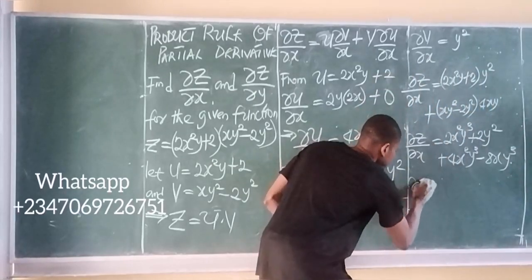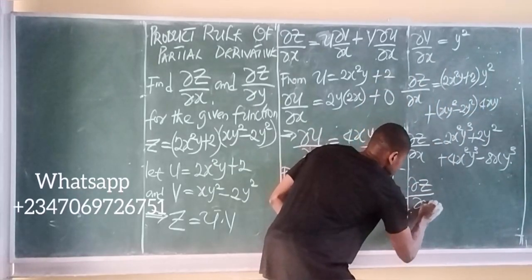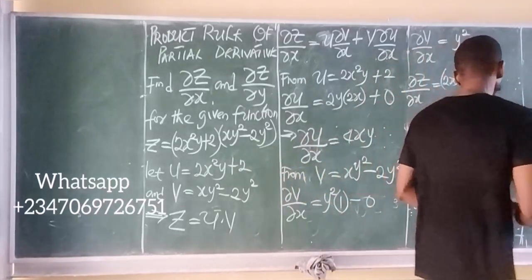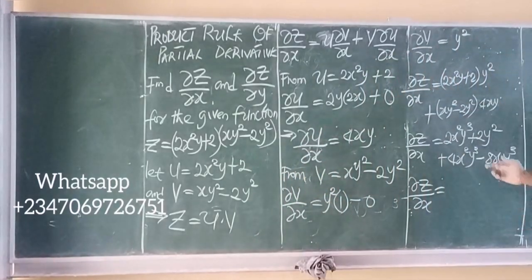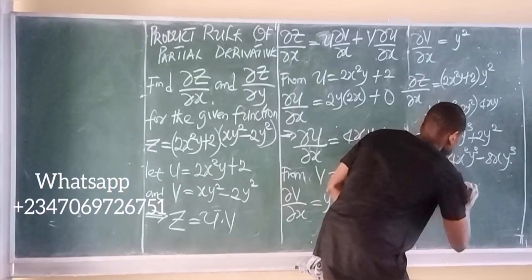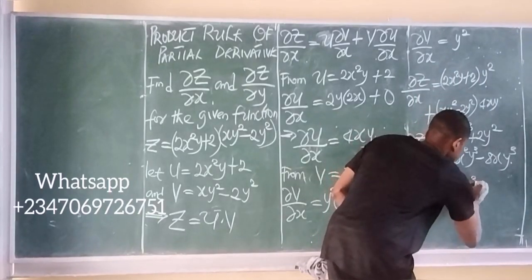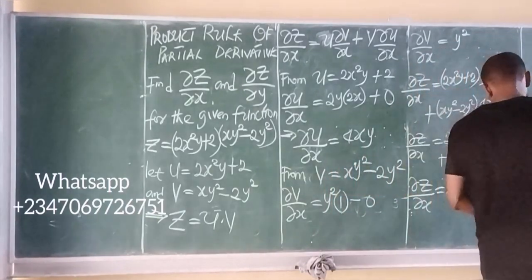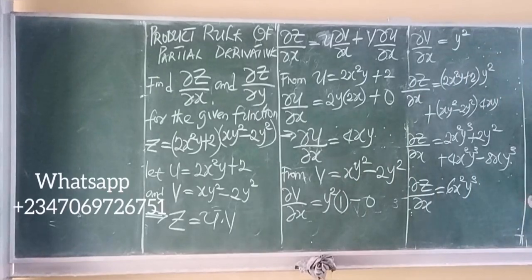So the partial derivative of z with respect to x is now equal to, so let's check now. I have 2x squared y cube here plus 4x squared y cube. So the two of them can add. 2 plus 4 simply gives us 6. So that simply gives us 6x squared y cube. Okay, I think that's all I can add.